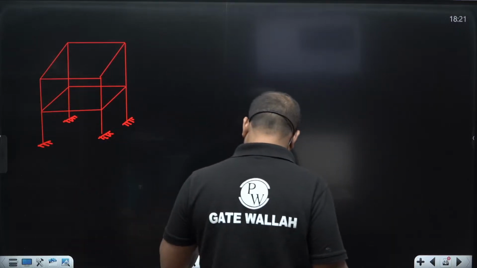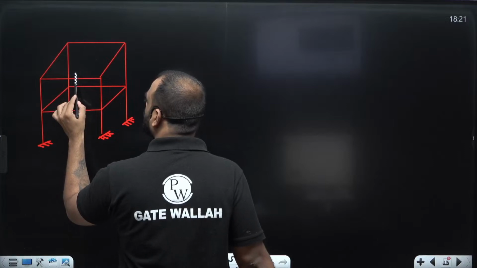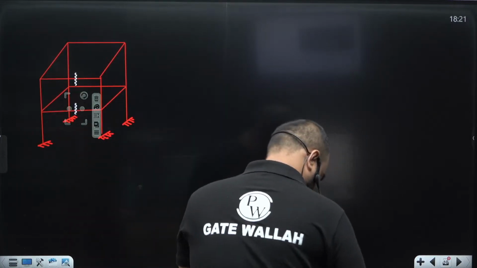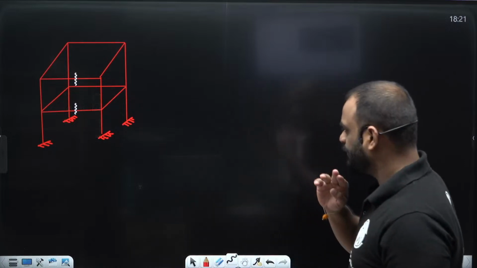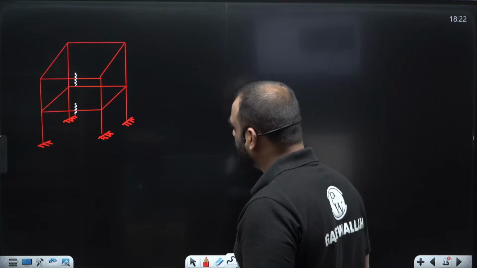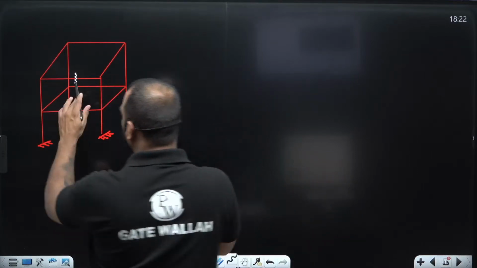First we will make 2 cuts over here, one at this location and second one at this location. So there are 2 cuts which are required to cut these 2 members first.